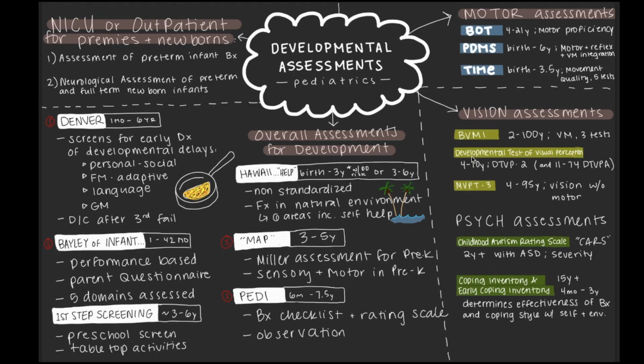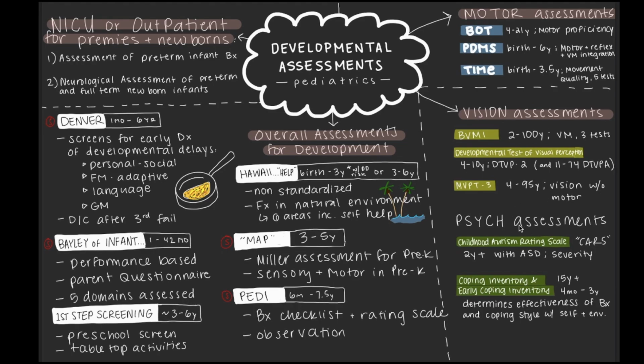There is one for 4 to 10-year-olds, which is the DTVP2, and then there's actually another one for 11 to 74-year-olds, which is the DTVPA. And then you have the motor free visual perception test. So the MVPT3 is good for patients ages 4 to 95, and it is able to assess vision without any motor components.